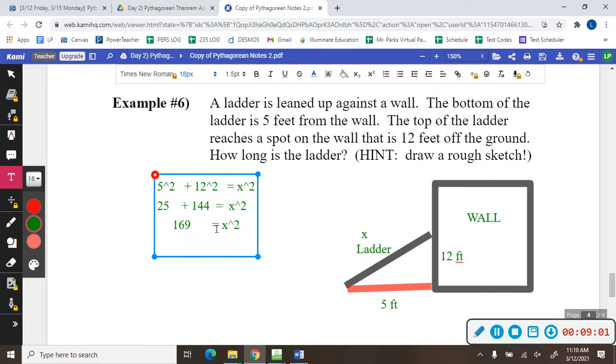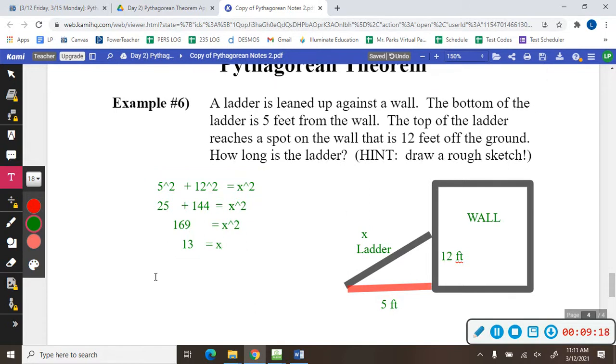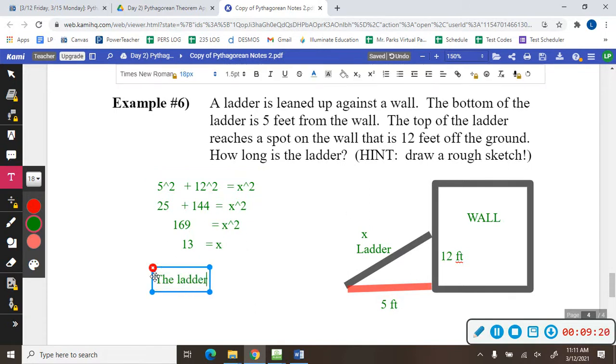Take the square root, and that's 13. I should have known this already. This is one of those Pythagorean triples. When you see 5 and 12, the other number is always 13. So x is 13, so I would say the ladder is 13, and my unit is feet, 13 feet long.